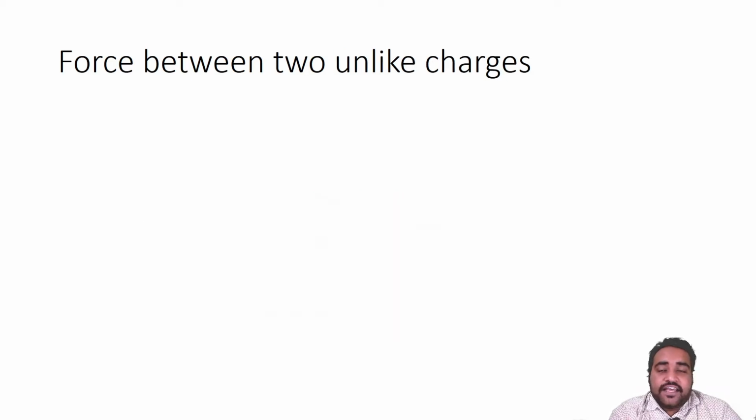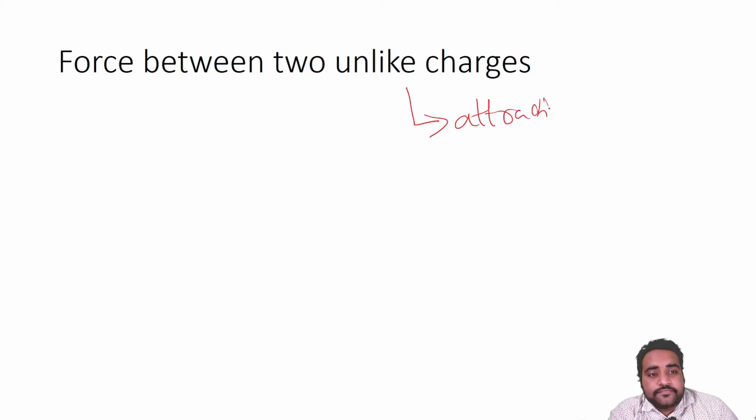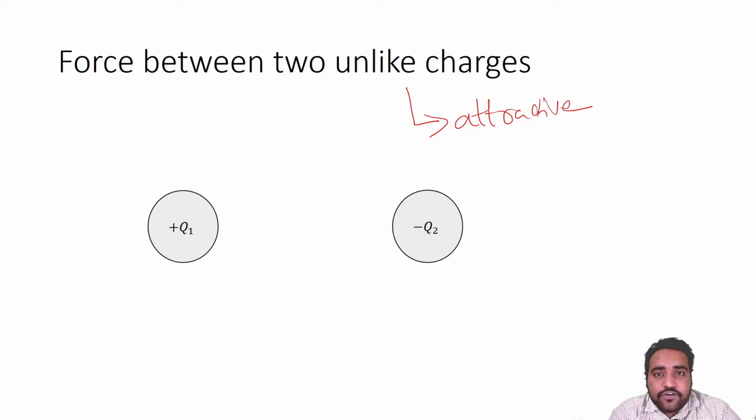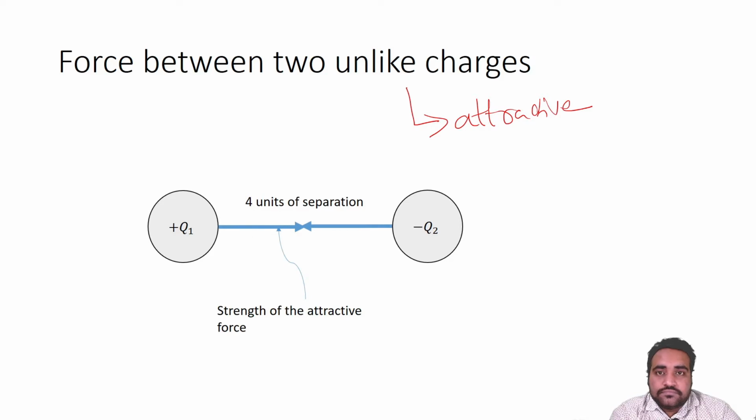What if instead of like charges, we have unlike charges? Force between unlike charges is attractive. Now, this attractive force pulls both charges towards the center. Let this thickness again represent the strength of attractive force.